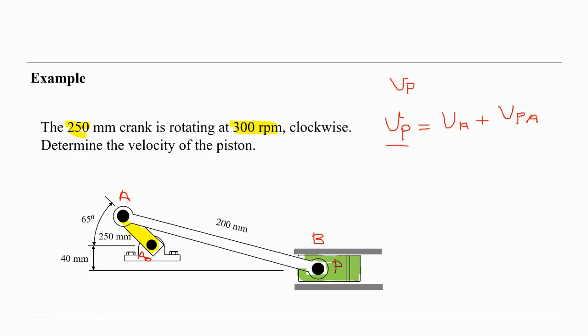VA is known: the magnitude we will calculate, and the direction is also known. For VPA, we know only the direction.